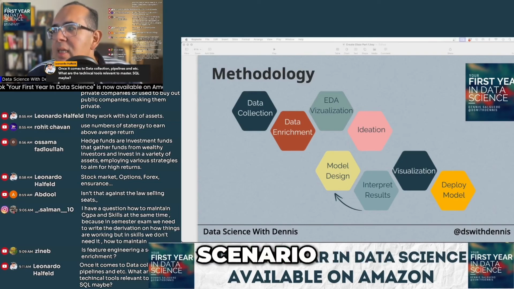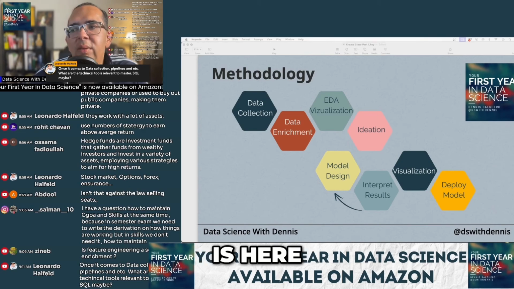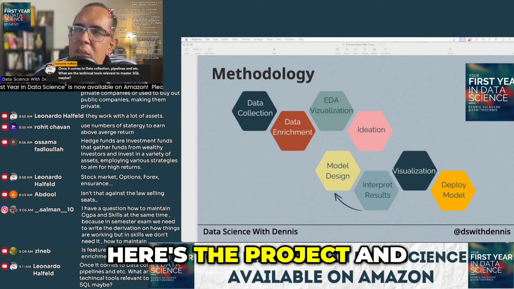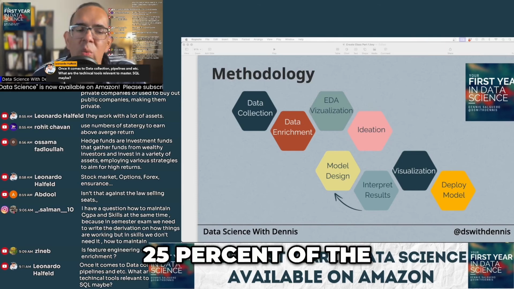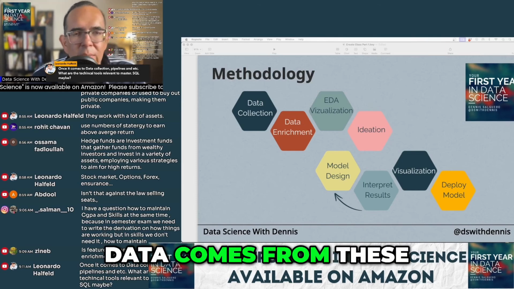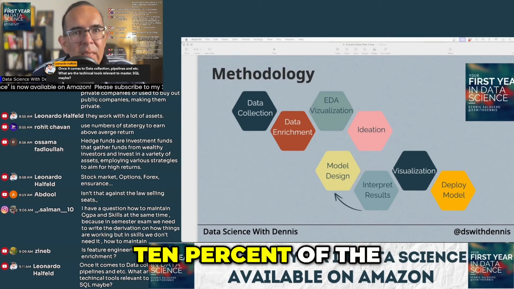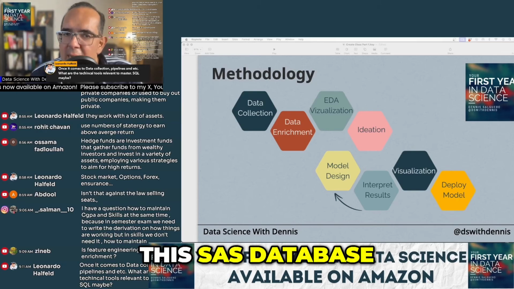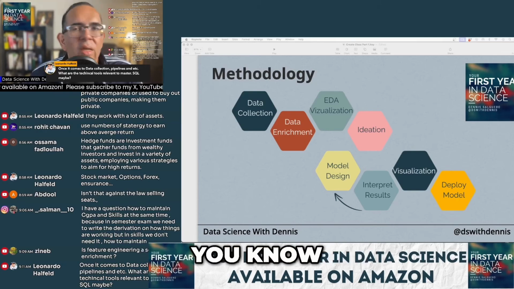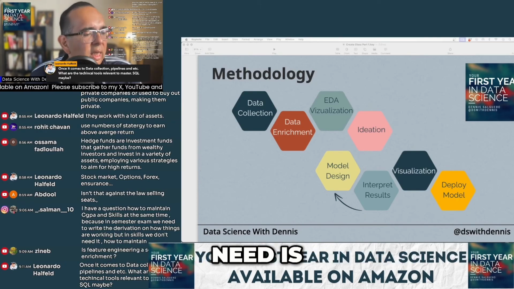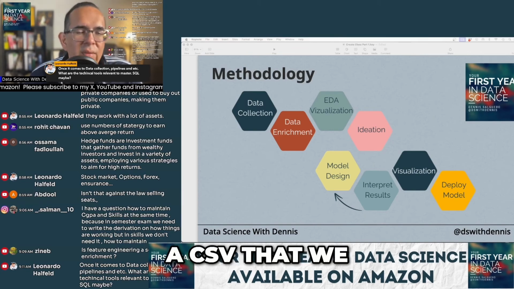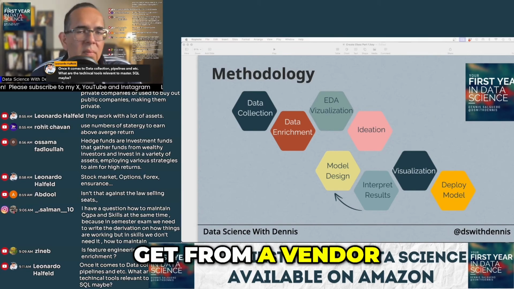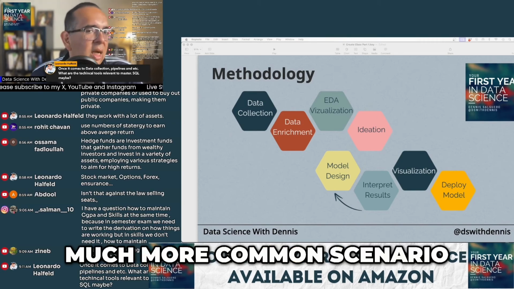The more likely scenario is here's the project, and half the data is in SQL. 25% of the data comes from these PDF reports. 10% of the data is over in this SAS database, and everything else we need is a CSV that we get from a vendor. That's a much more common scenario.